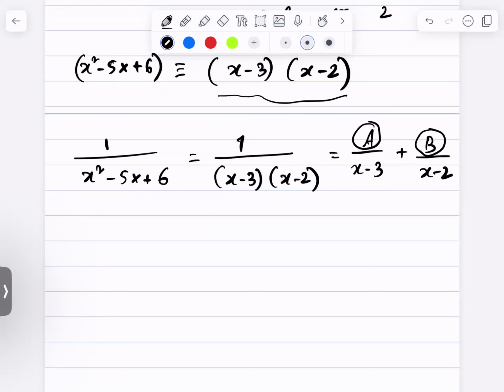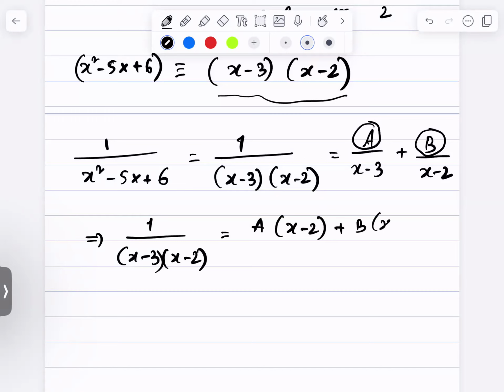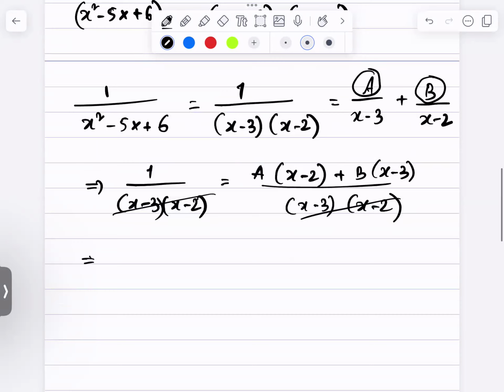If I simplify, then 1 over x minus 3 times x minus 2 on the left is the same as a times x minus 2 plus b times x minus 3, over x minus 3 times x minus 2. The denominator cancels from left and right. Then you get 1 is the same as ax minus 2a plus bx minus 3b.